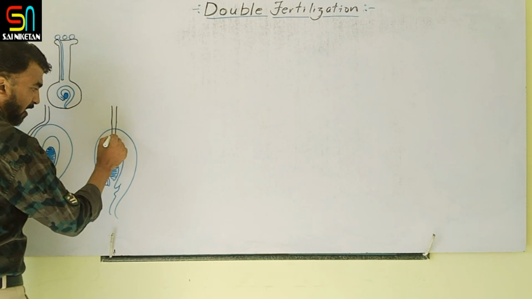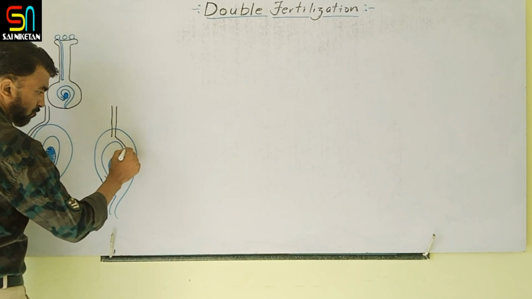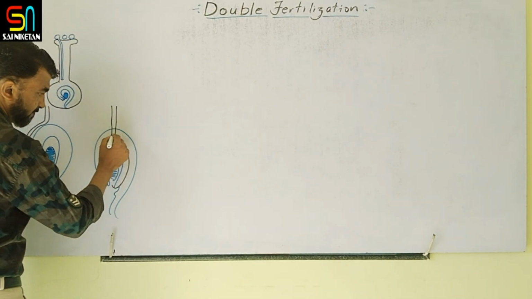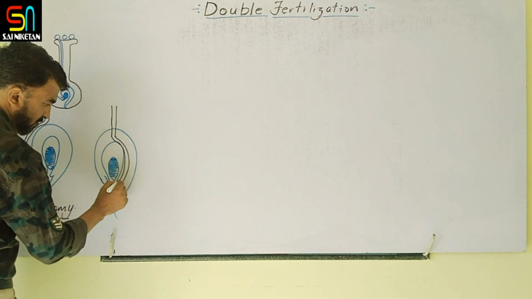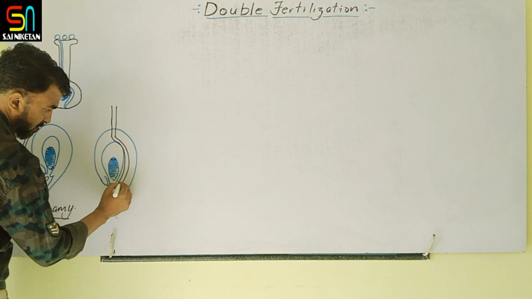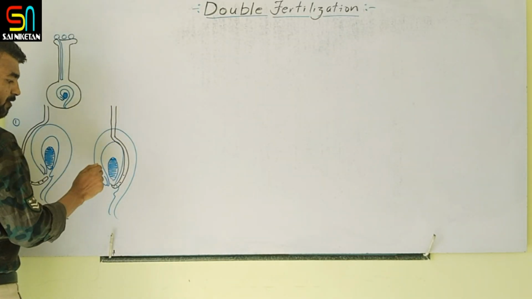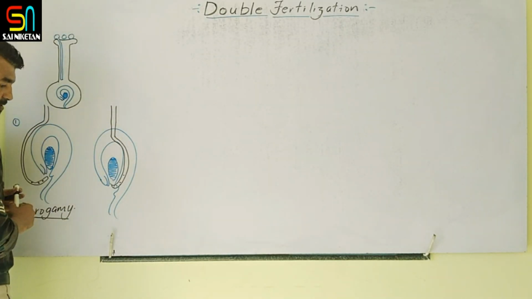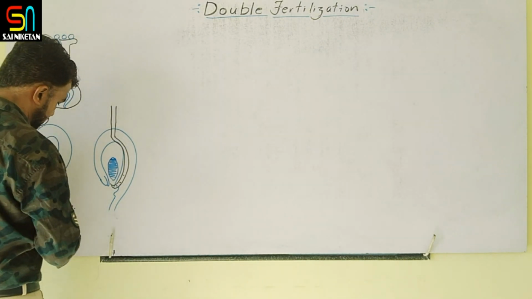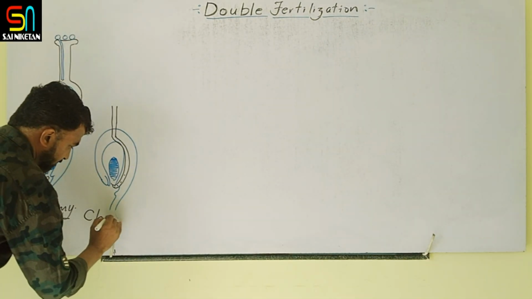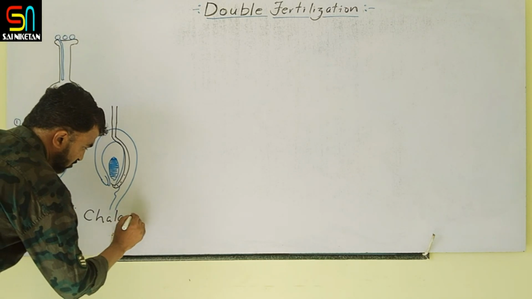Clear? And gradually it moves towards the micropylar end. So here the entry of the pollen tube into the ovule is through the chalazal end. This type of entry is called chalazogamy.